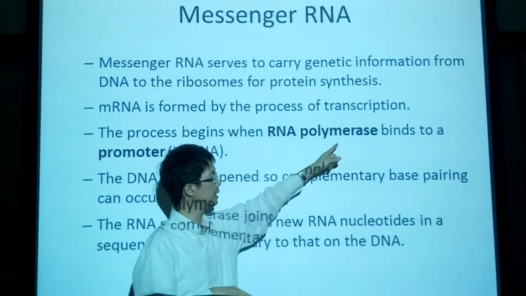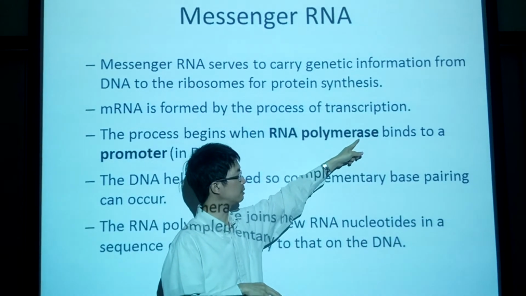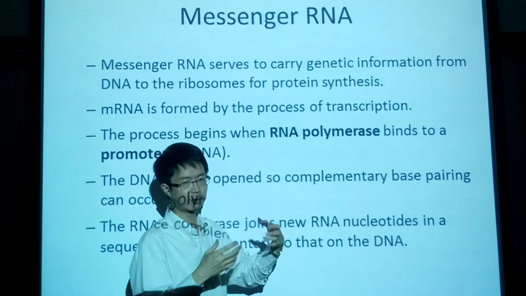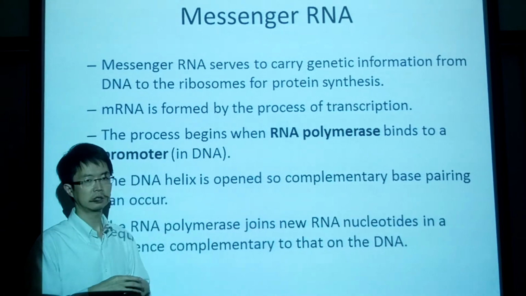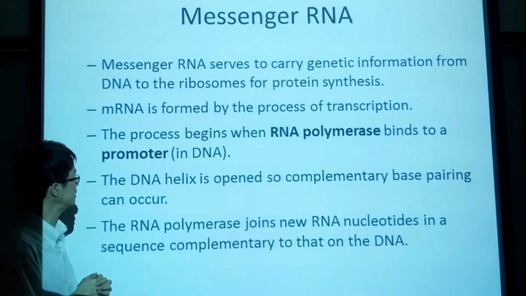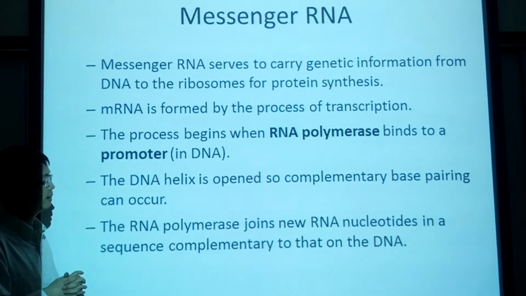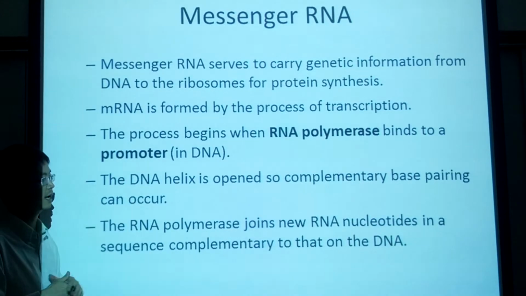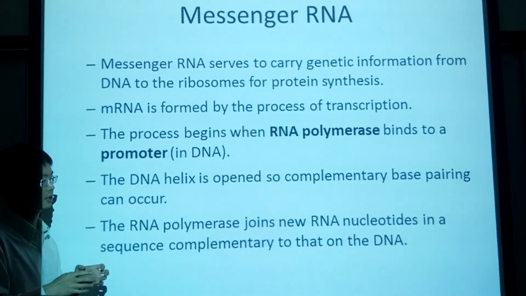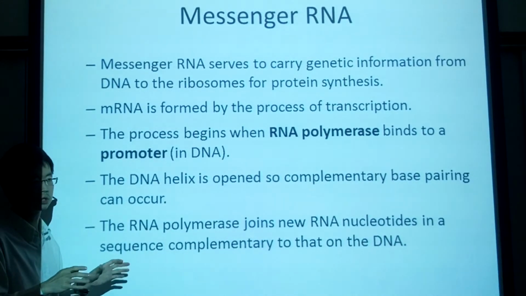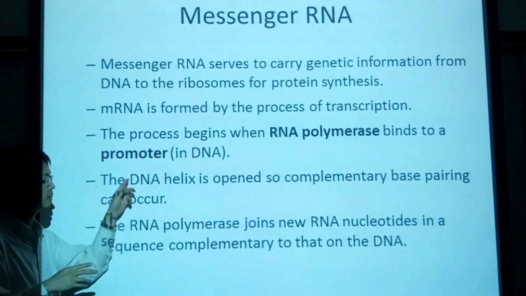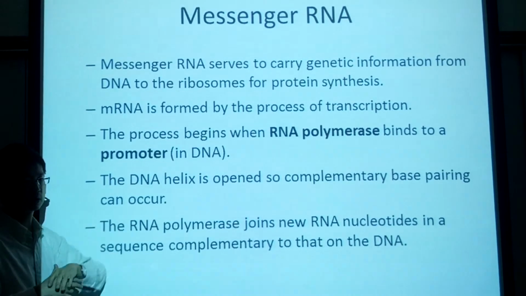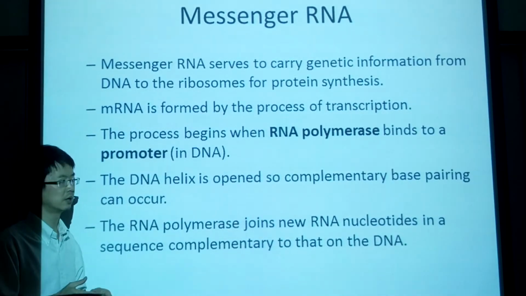So again, RNA polymerase is a protein that makes RNA as a polymer. That means it is a protein that will elongate the polymer as a chain. So the RNA polymerase will bind to a promoter region of a DNA. Promoter region is a special sequence on the DNA that RNA polymerase can recognize and bind to.